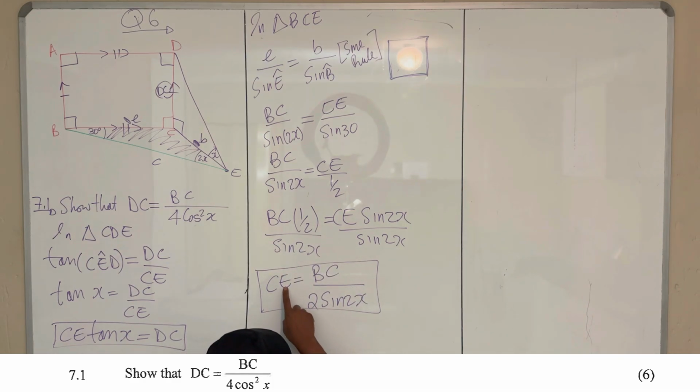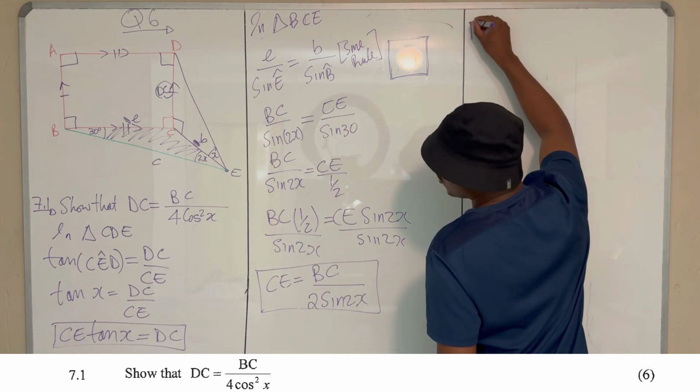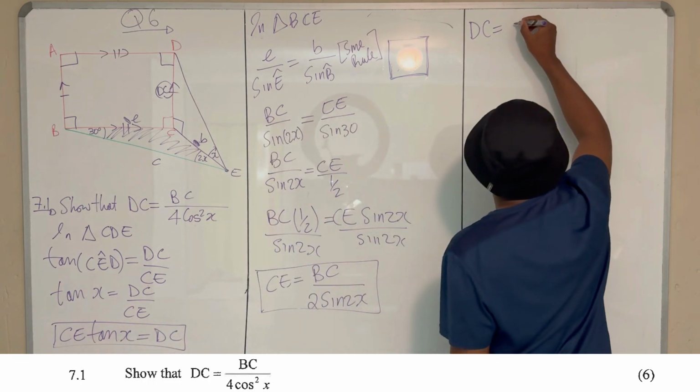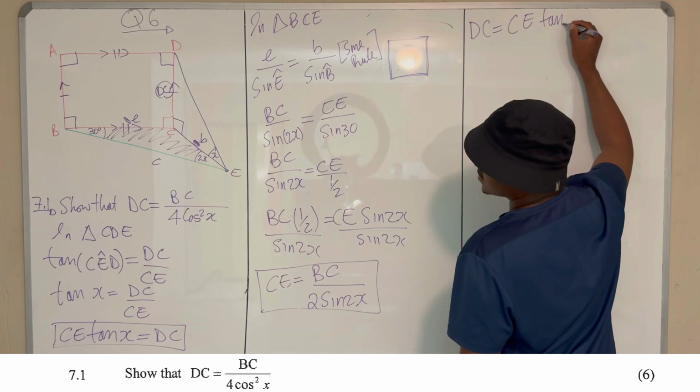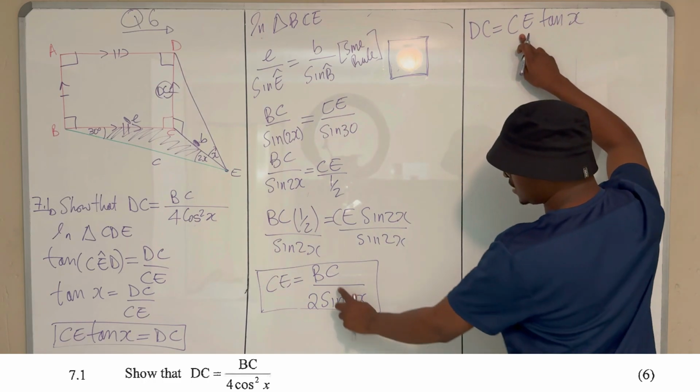So in that case, we take this CE and put it back there. You said your DC is equal to CE times the tangent of x, right? Yes. So we know the CE. CE is this.